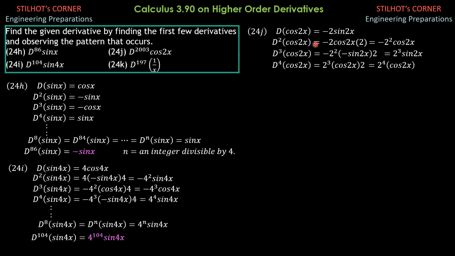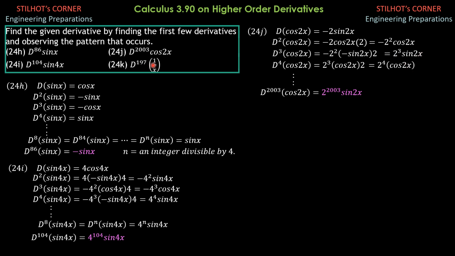So it goes back to this, but with the constant 2 to the fourth cosine 2x, so that means the nth derivative of cosine 2x is 2 to the n cosine 2x, where n is divisible by 4 again. So we conclude that the 2003rd derivative of cosine 2x is equal to 2 to the 2003 sine 2x.